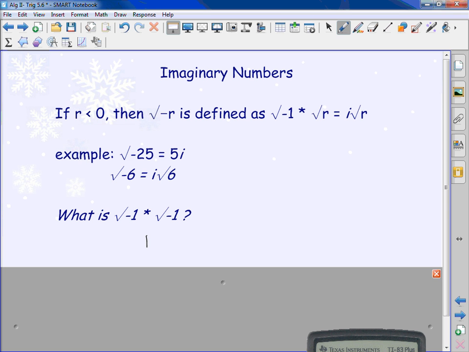So this would be i, and this would be i. i times i is i squared, which means it's actually 1. If you multiply two i's, the i's disappear. It's a negative and a negative.